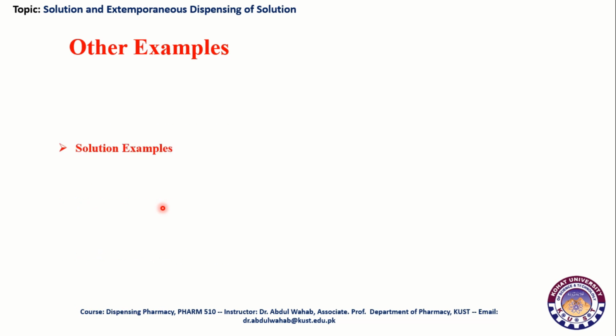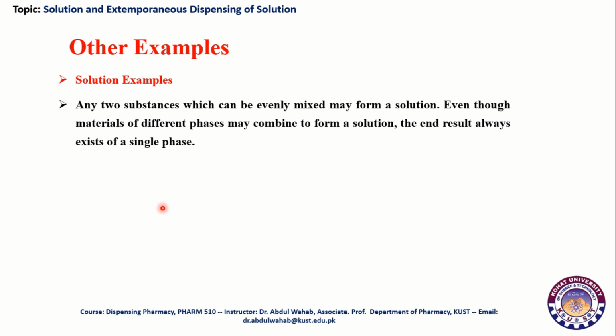Other examples of solutions: as you can see over here, any two substances which can be evenly mixed may form a solution, even though materials of different phases may combine to form a solution. The end result always exists as a single phase. In solution, there must be a single phase.